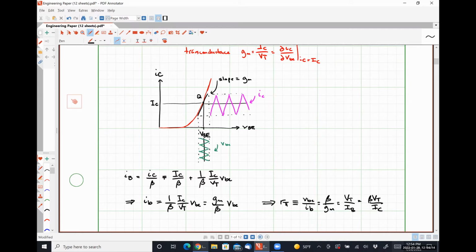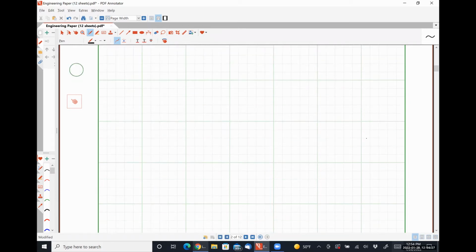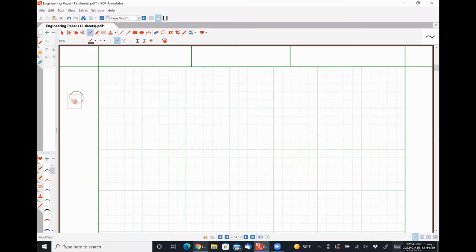So we now have enough information to develop our small signal model, because we know what these perturbations are doing or what influences they're having on our system. Okay. So our small signal model for our BJT is going to look like this. Here's our base terminal.